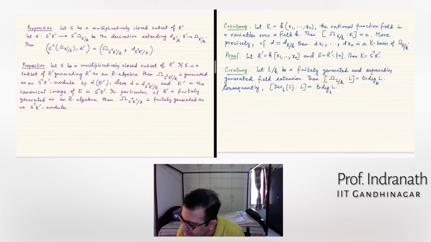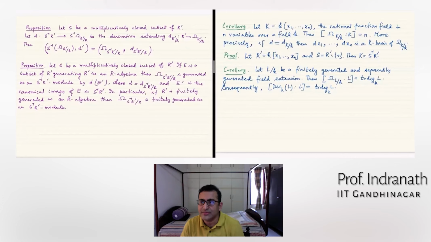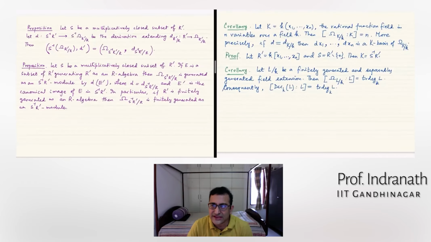It is going to be the transcendence degree of L over K. Once again, I have skipped this proof for the time being. This is not difficult, but I don't directly need it at the moment, so I have remained silent on the proof, but I'll add it eventually.